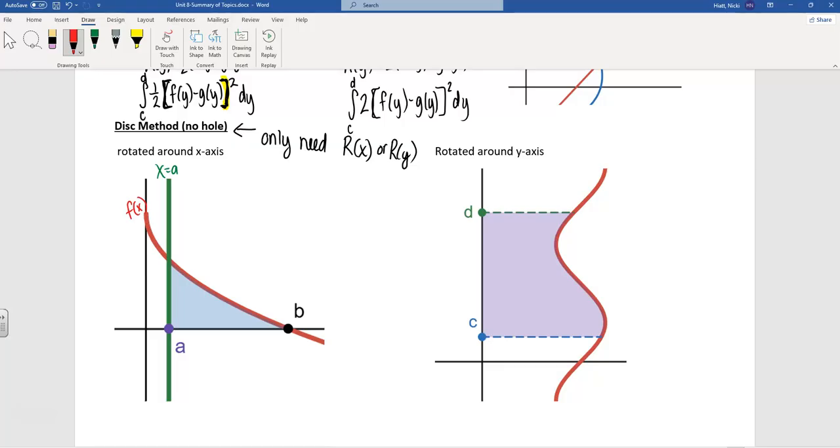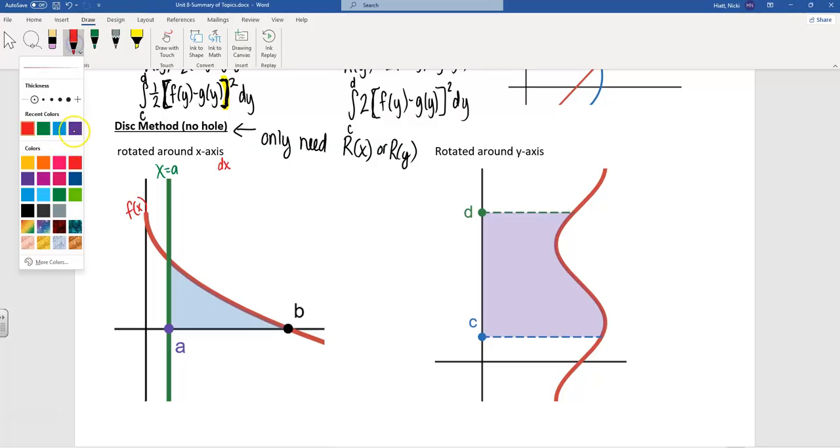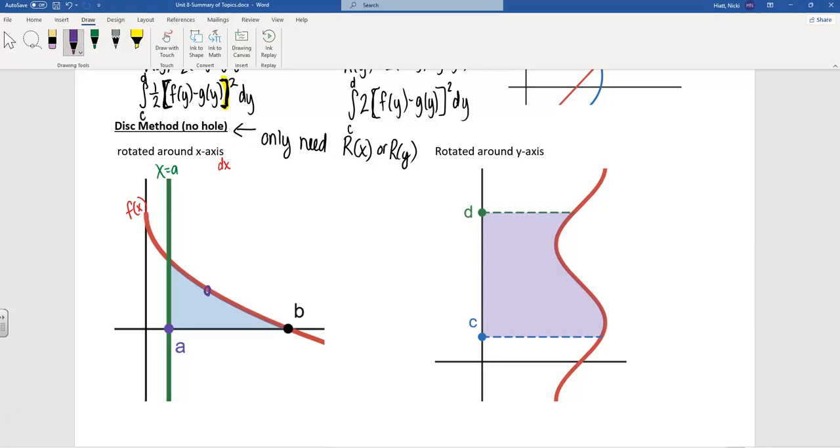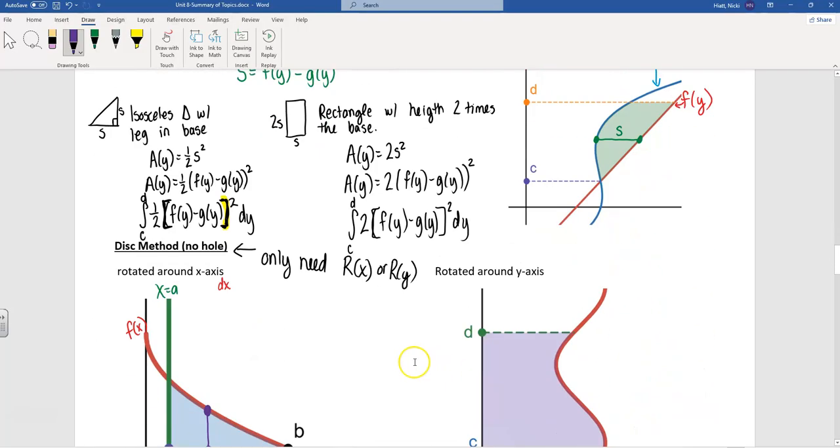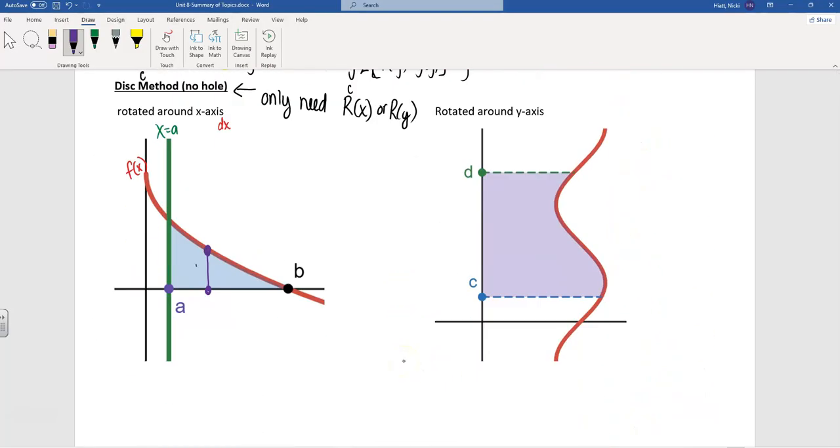If I'm rotating around the x-axis, it's a dx problem, right? My little piece is going to be vertical. Although these are different than cross sections, different than the S, I still have a vertical piece. If you're doing dx, you're going to have a little vertical. Your radius is vertical or your S is vertical, right? And so this would be my capital R.